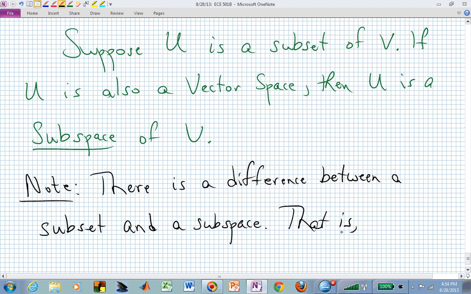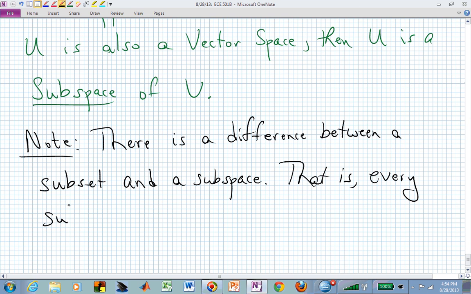Or, said another way, every subset of V, a vector space, is not necessarily a subspace.